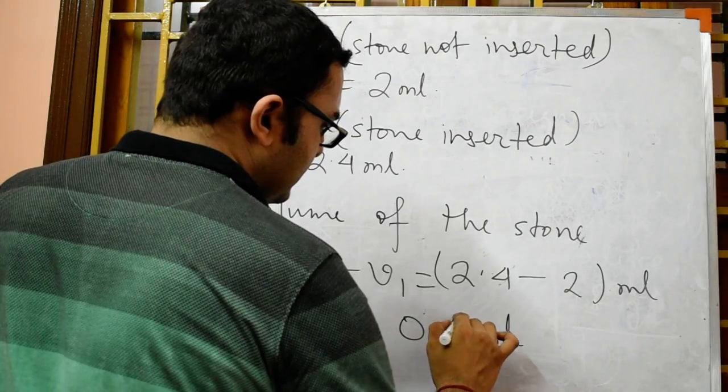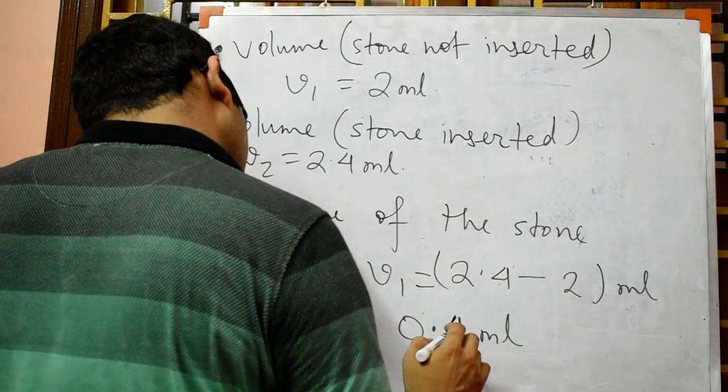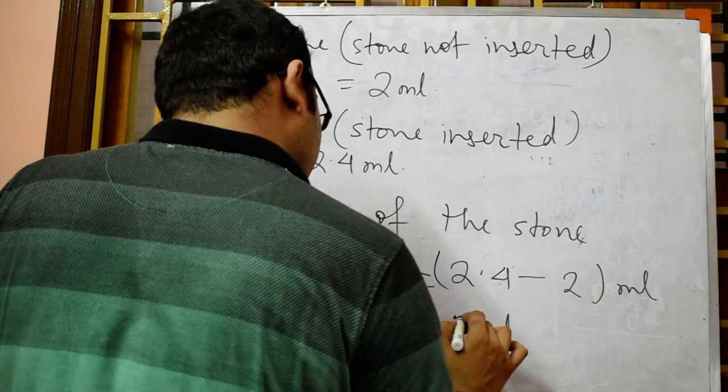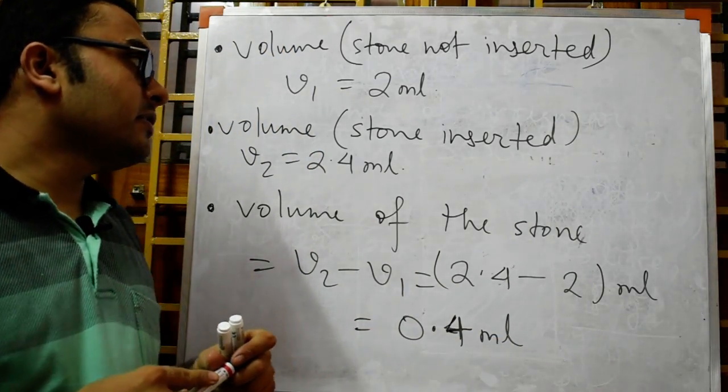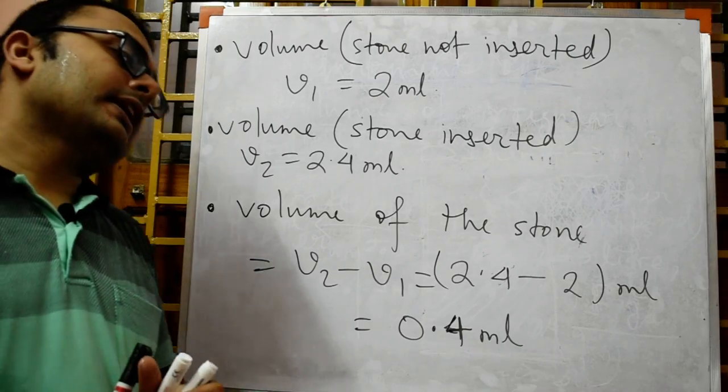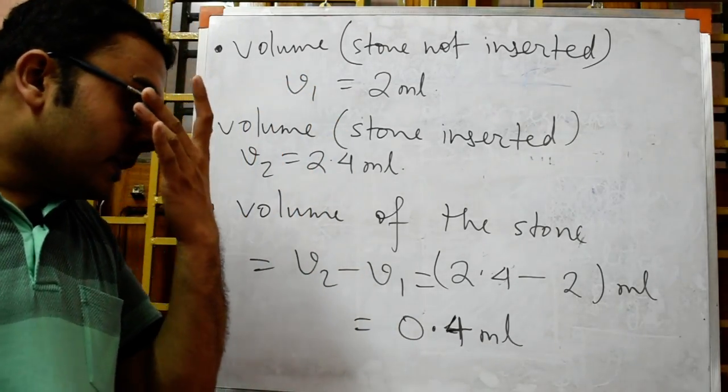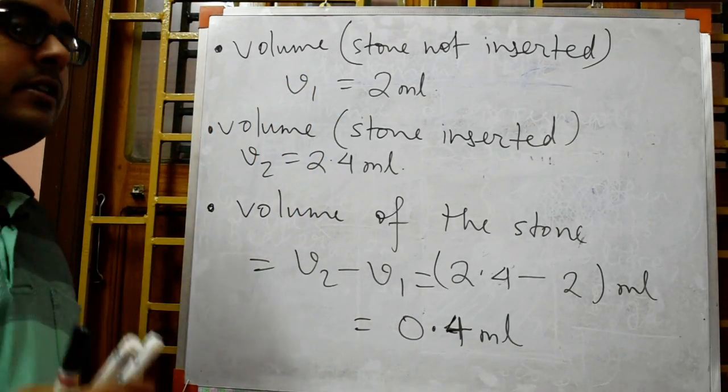Clear? This is the volume of your stone. I think the calculation is quite clear to you all now, and this method can be used to determine the volume of any irregular solid.